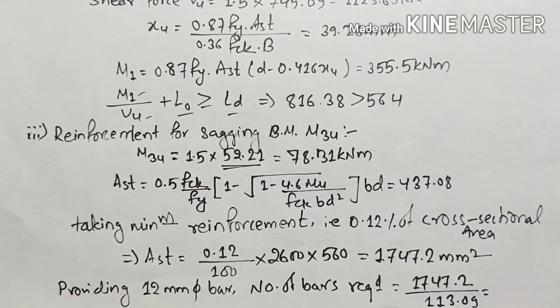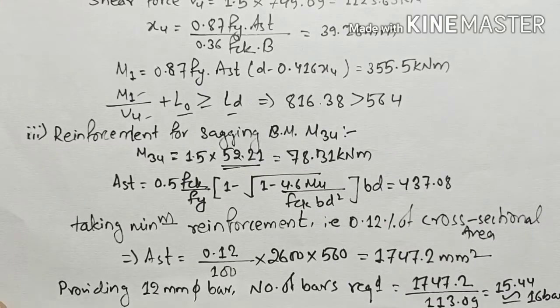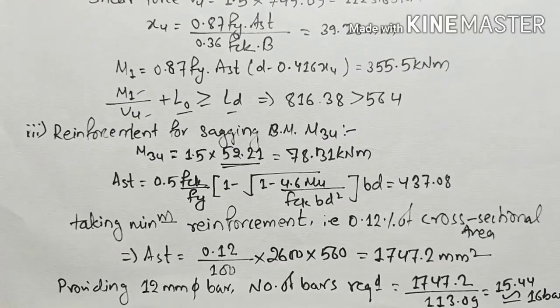And we have got the number of bars as 15.44, so we will be providing 16 bars. Now we have designed the tension reinforcement. Now we will be designing the reinforcement in the transverse direction. So let's move toward that step.